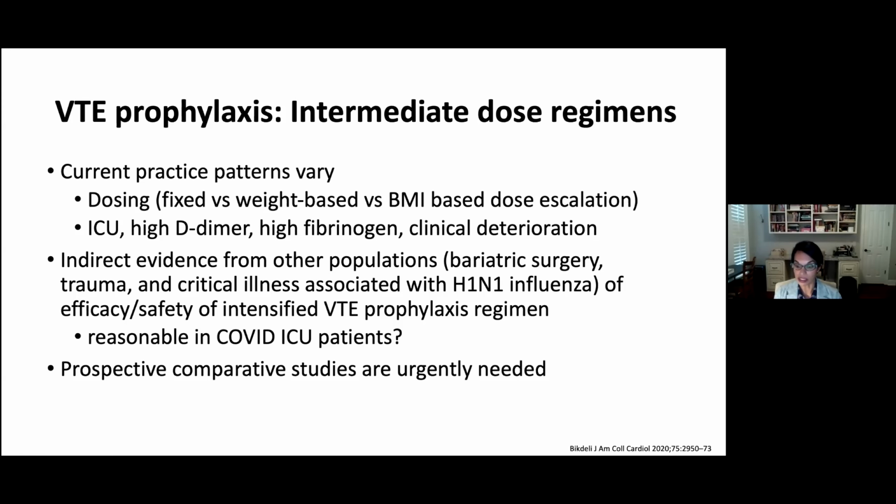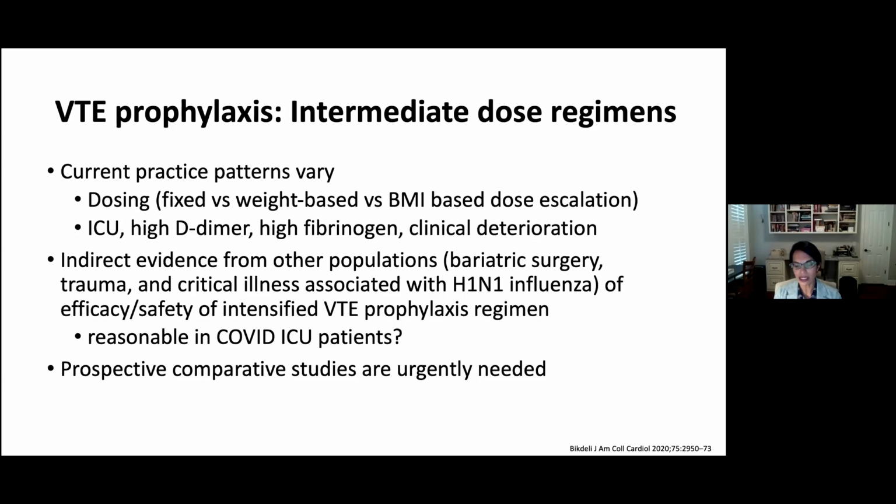The approach is not entirely unfounded. There is evidence from other high-risk populations, for example, trauma patients, bariatric surgery patients, and even H1N1 influenza patients that are critically ill, showing safety and efficacy of empiric dose escalation of VTE prophylaxis.